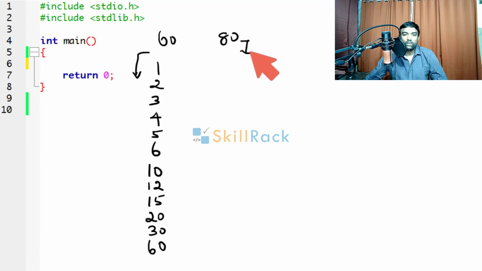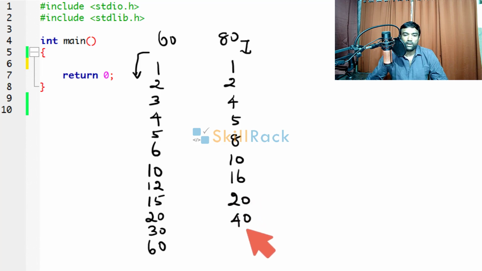For 80, what are the factors? It is 1, 2, 4, 5, 6 is not a factor, 7 is not a factor, then 8, then again 10, and then we have 16 because 5 is a factor, so 80 by 5, 16 will be coming up, and then we have 20 as a factor, and then we have 40, and then we have 80.